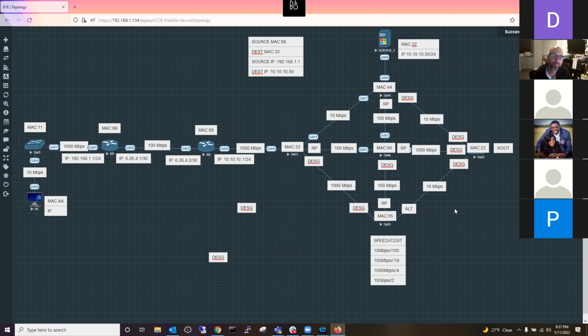So from how I'm looking at it, my port 0/1, if I go from there to his 0/1, it's going to be the same cost for me to get to switch 2. So that would be going the back door way. It looks like he already has his root port and his designated port.